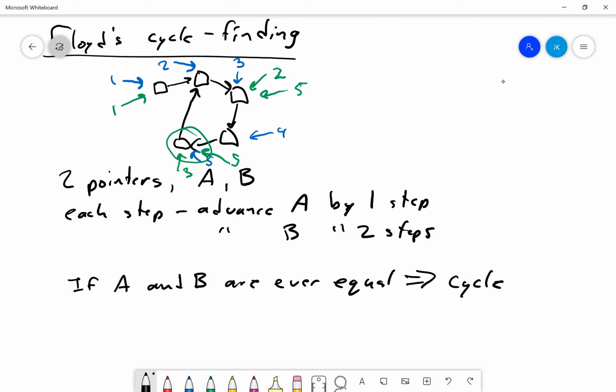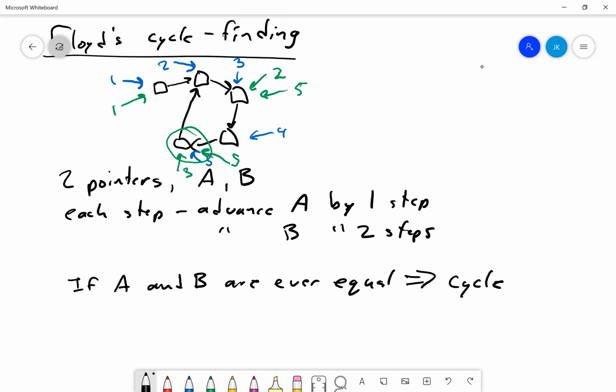Okay, so therefore a cycle exists. And now you can get the values of mu and lambda from this information as well.